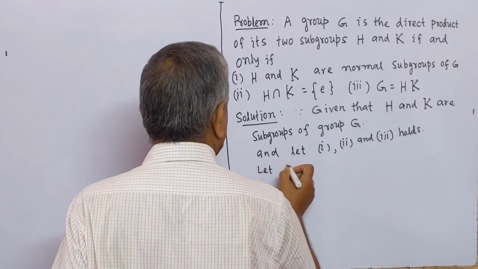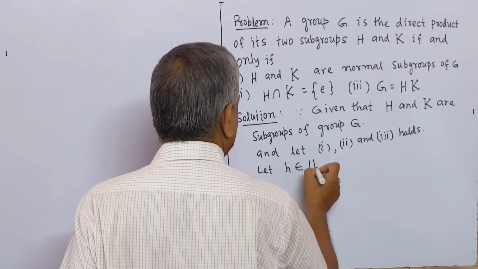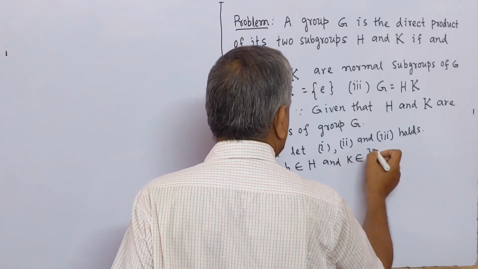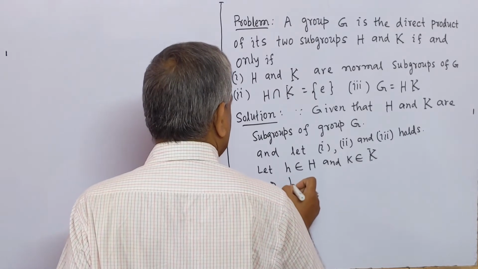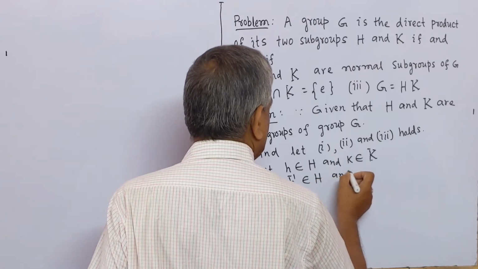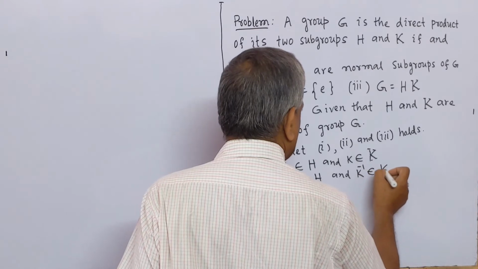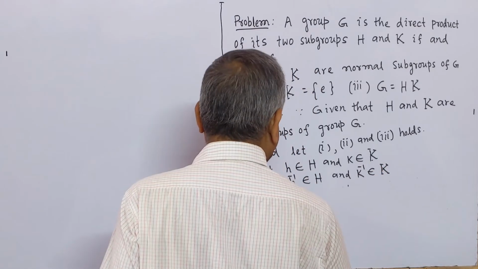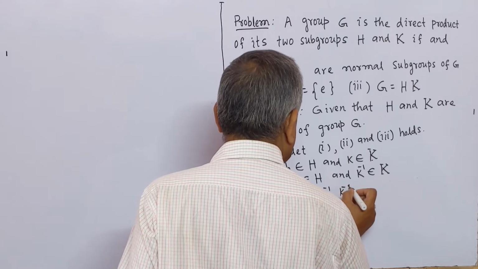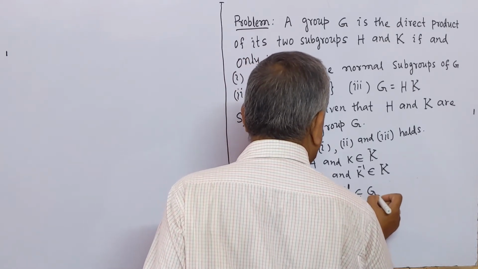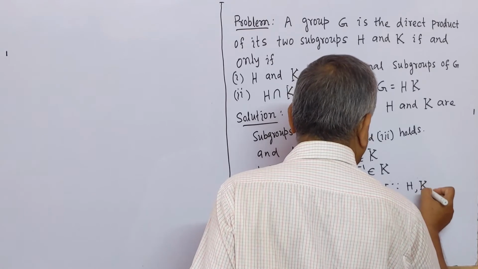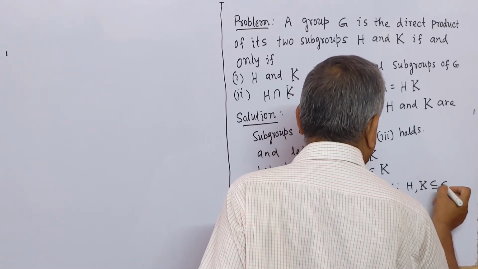Let small h belong to subgroup H and small k belong to subgroup K. This implies that h inverse belongs to subgroup H and k inverse belongs to subgroup K. This implies that h, k, h inverse, k inverse belong to group G, since H and K are subgroups of G and so are subsets of group G.